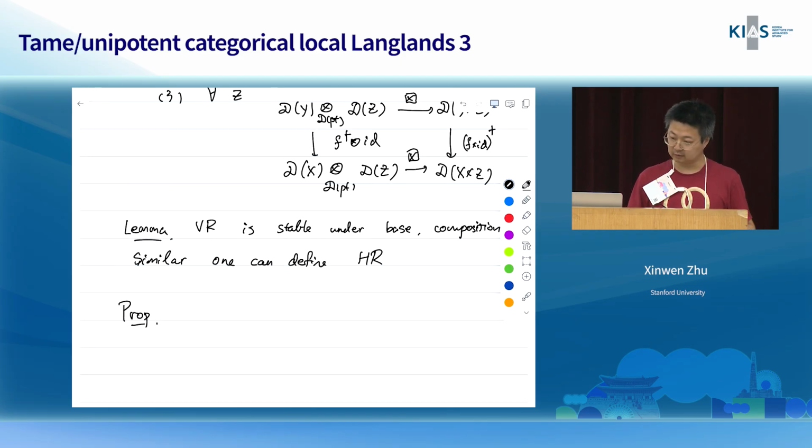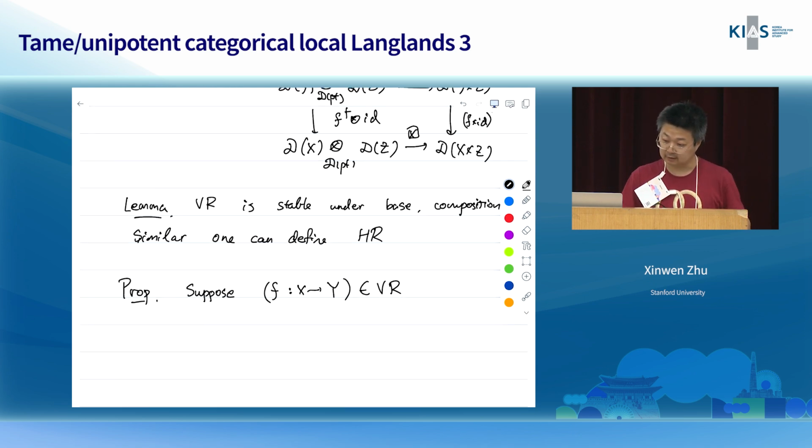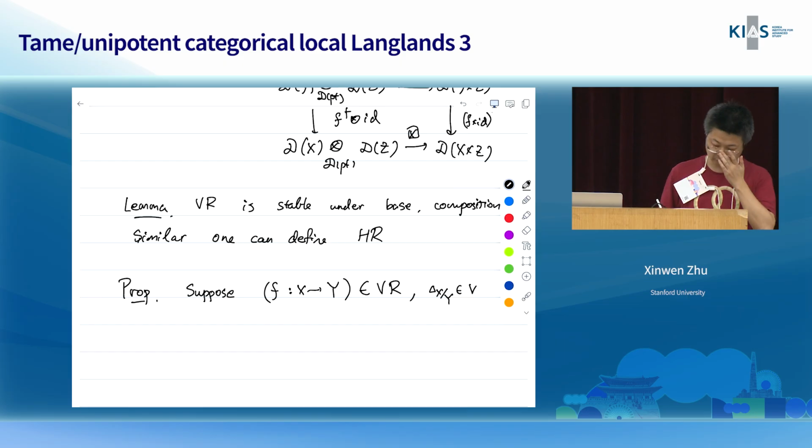All right, proposition. Let's make the following assumptions. Suppose F from X to Y is horizontally right adjointable. Again, we recall this is just you can do push forward.